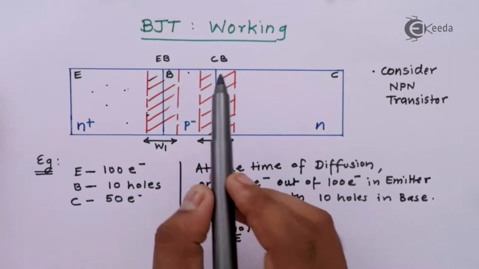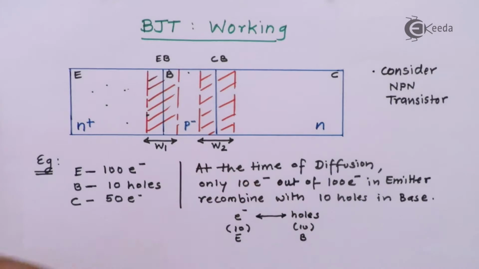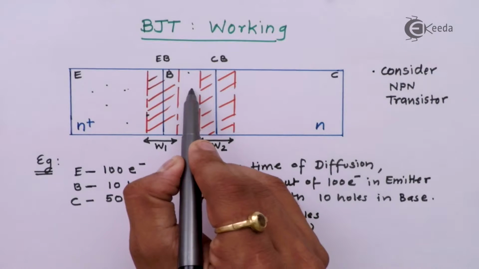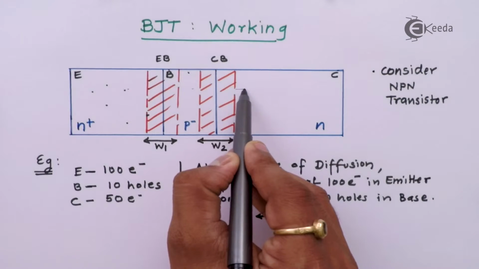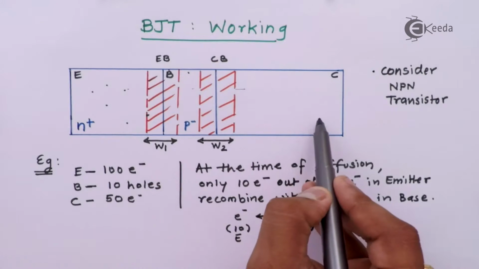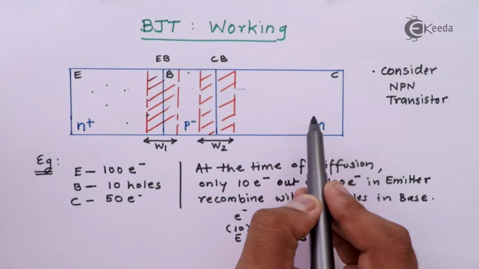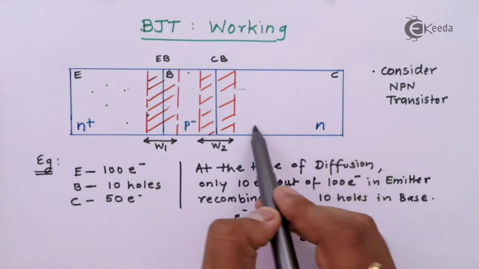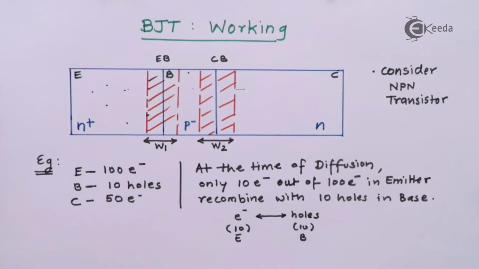As these electrons get sufficient energy to move towards the collector side, they get the energy to rupture this particular junction and move towards the collector side. That's why we keep the collector area large, to hold all the electrons coming from the emitter side.